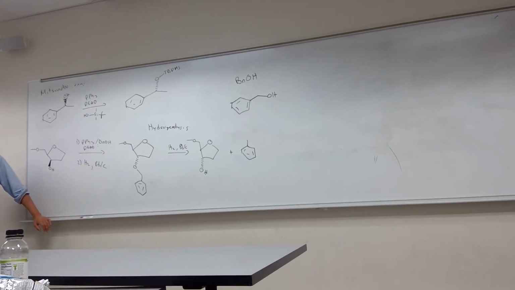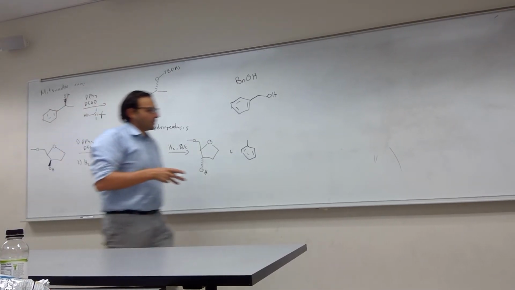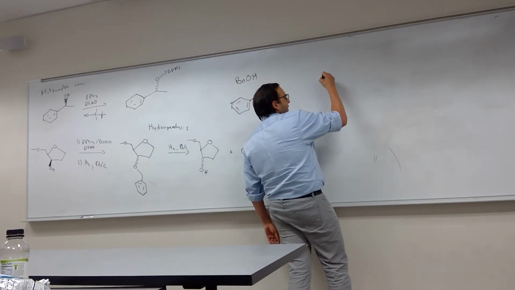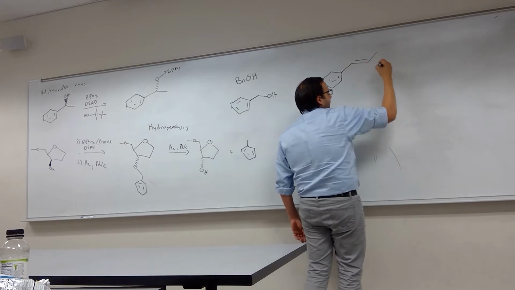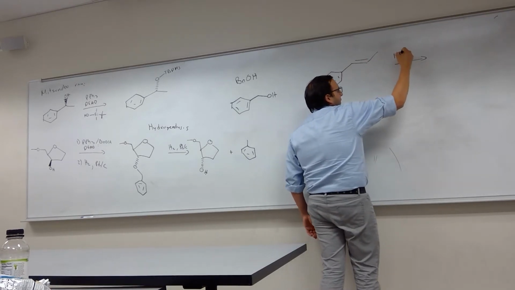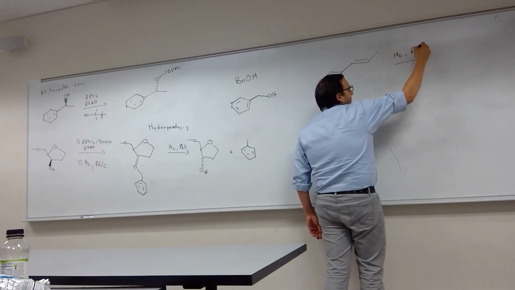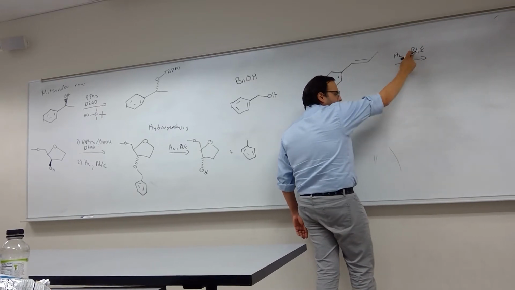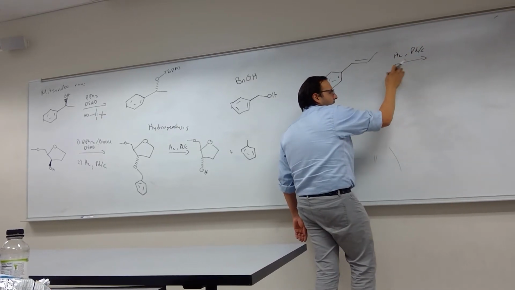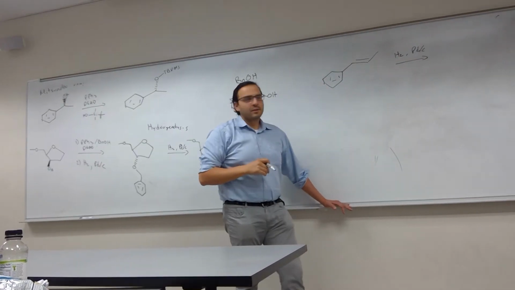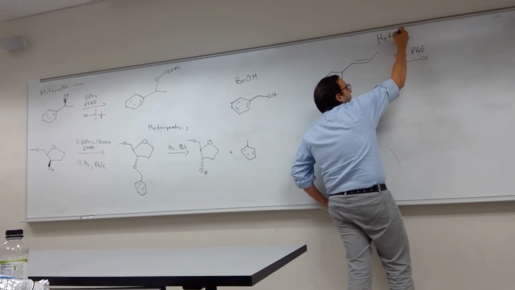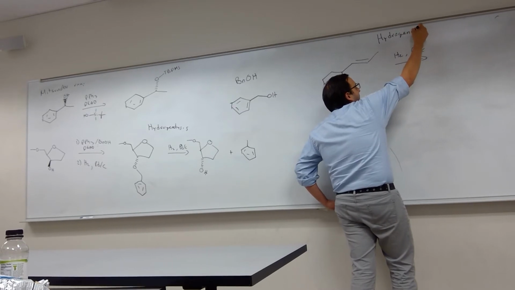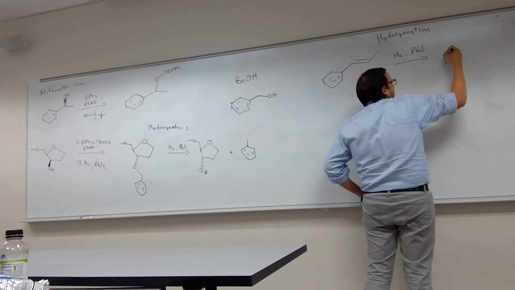What we've seen, or what you have seen more often, is hydrogenation. So make sure you know the difference. You have something like this, with H2, commonly palladium on carbon, or other palladium catalysts, some solvent, doesn't matter. So this is a hydrogenation reaction.